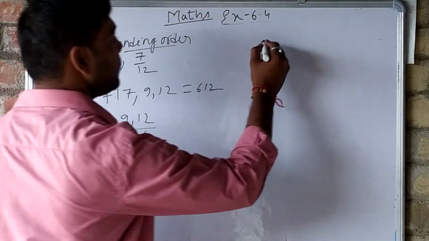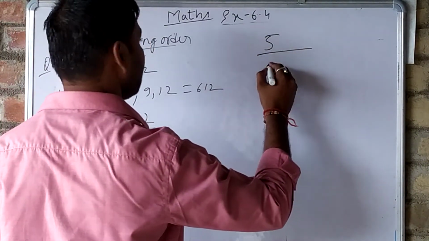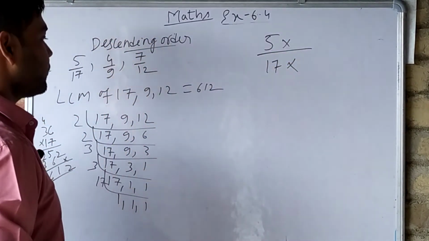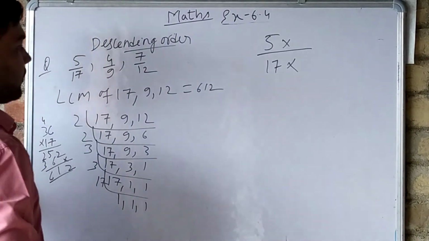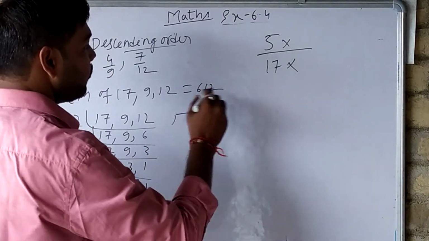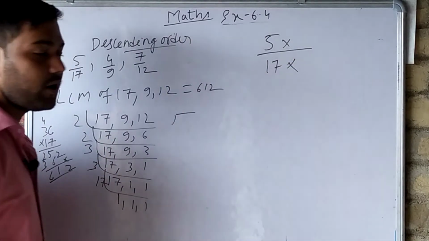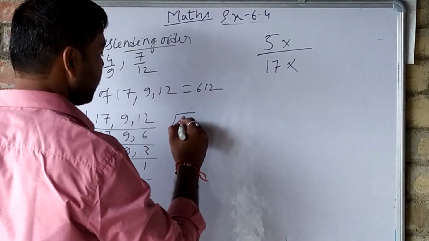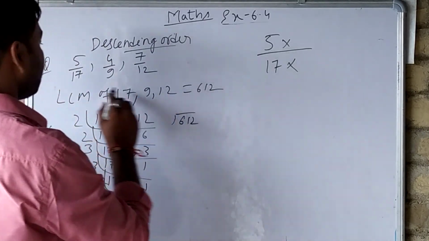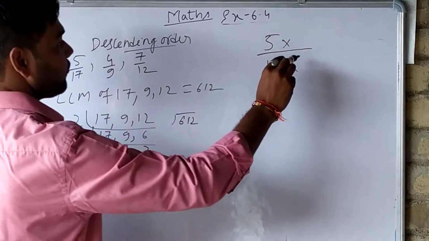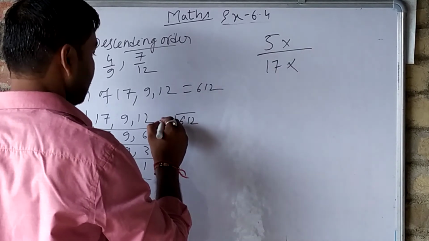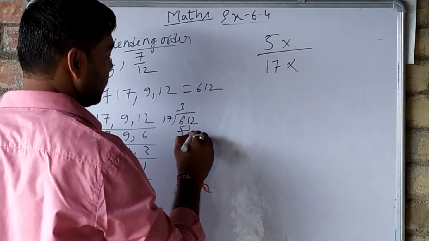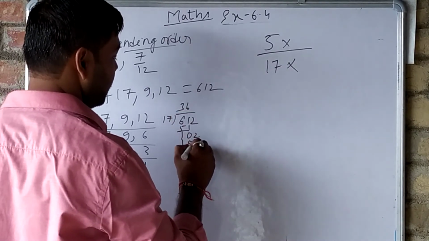Now we will try to make the denominator 612. So for 17, we will try with 17. If we don't know by which value we will multiply to get 612, we will divide 612 by 17. 17 3 is 51 and 17 6 is 102.